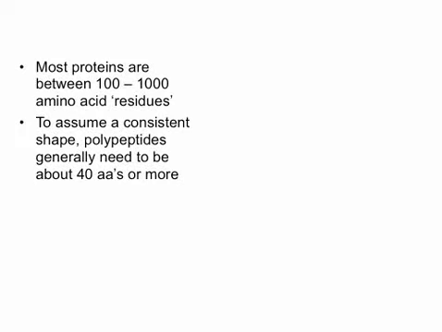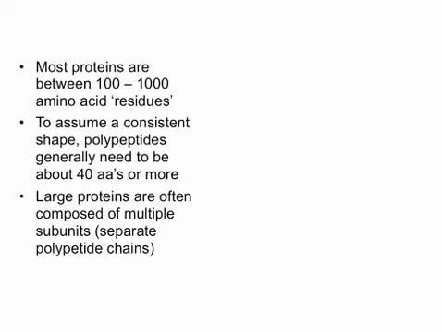That makes it difficult to serve a role as a particular function for the cell. Okay? So usually we see a lower limit of somewhere around 100 or so because of this fact right here, because in order to fold in a particular shape, you need enough amino acids to support that.